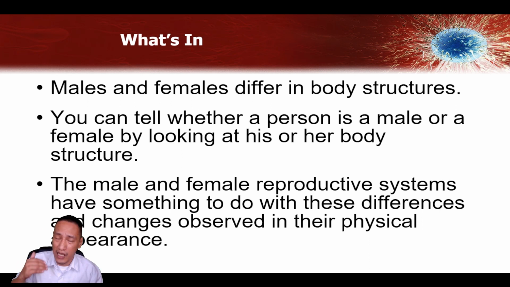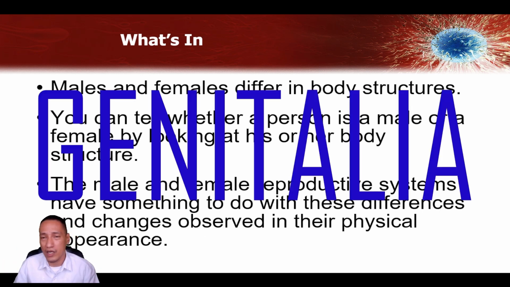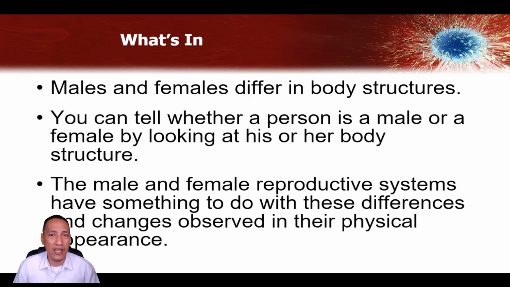So basically, kahit ang pinag-usapan natin ay yung reproductive system ng lalaki at ng babae or their sexual organs or their genitalia, yung nga yung other term ng sex organ is genitalia, basically nandun din sa reproductive system ng lalaki at babae ang dahilan kung bakit nagkakaroon tayo ng mga characteristics, physical characteristics and features na pang lalaki at pang babae.